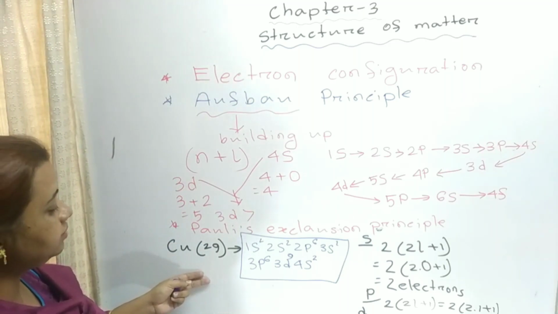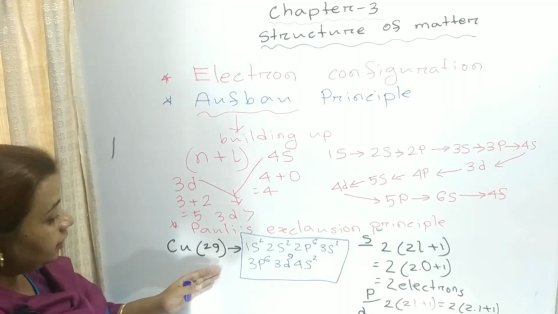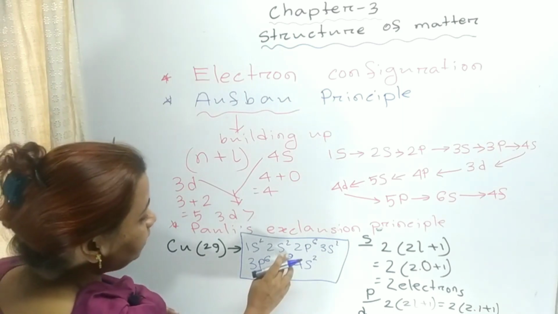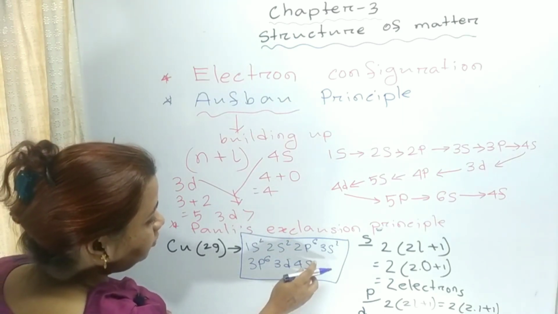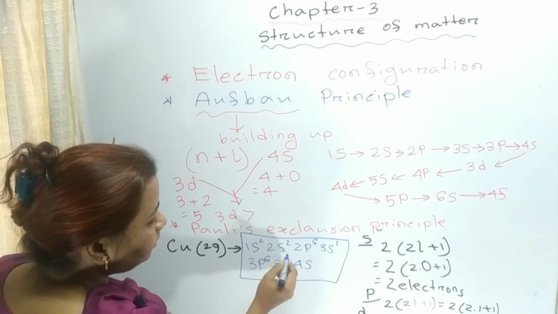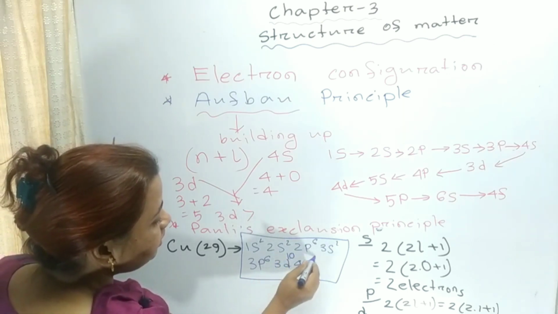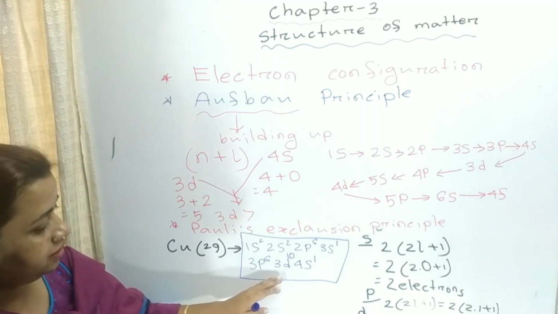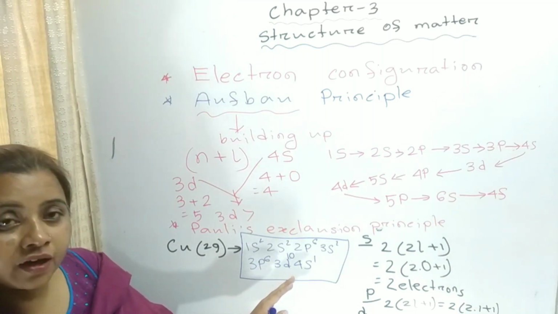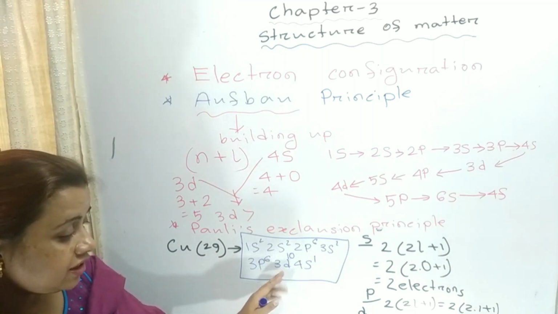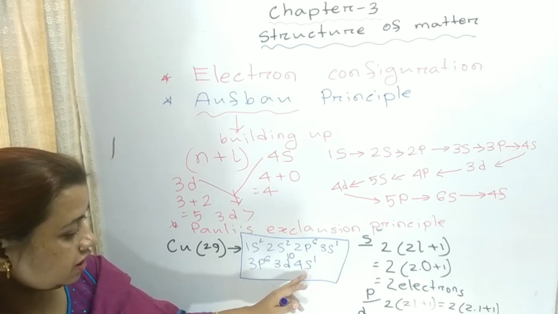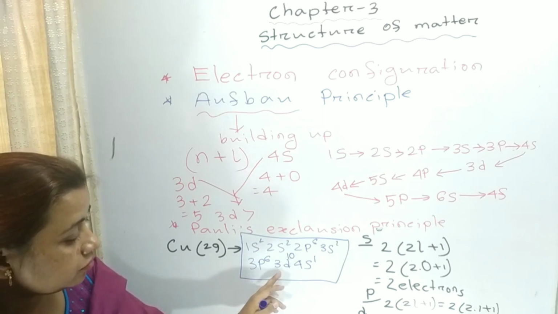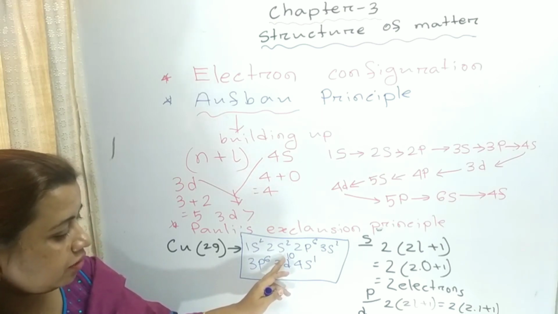How is it showing exceptionality? In this case, copper is taking 1 electron from the 4s orbital and making 10 electrons in the 3d orbital. What happened? The 3d orbital is taking 1 electron from the 4s orbital to fulfill the d orbital. Why?